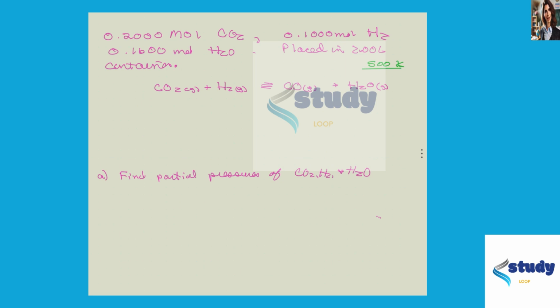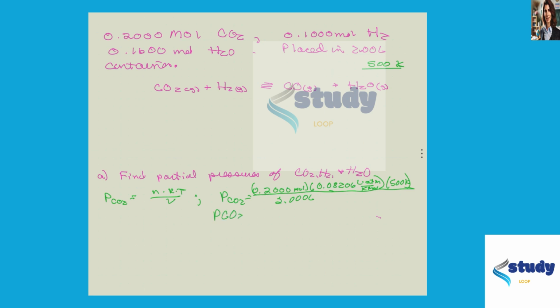So the partial pressure of CO2 will equal nRT over V. So my pressure of CO2 will equal n times R, and let's use atmospheres, times 500 Kelvin, divided by 2.000 liters.